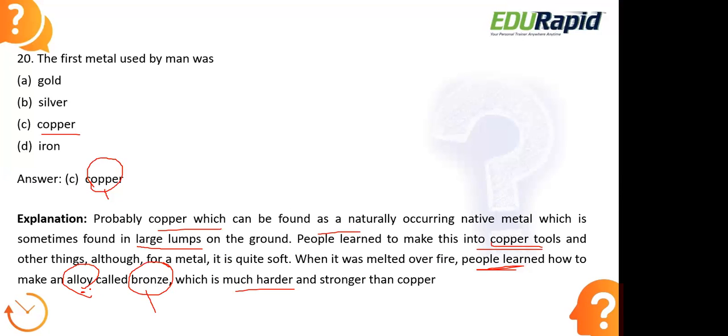An alloy gives the desirable character we need for the different tools we use in our daily life. However we want, we can design the instrument the same way, right? For that we can make an alloy. Generally, in the manufacture of stainless steel that we use in kitchen utensils, we make it as an alloy.